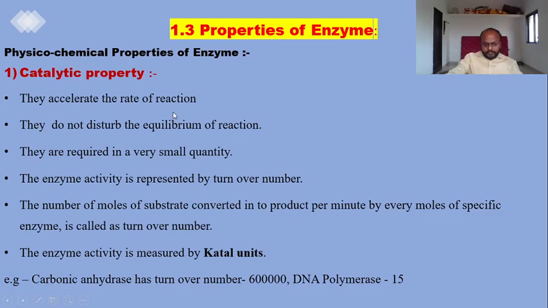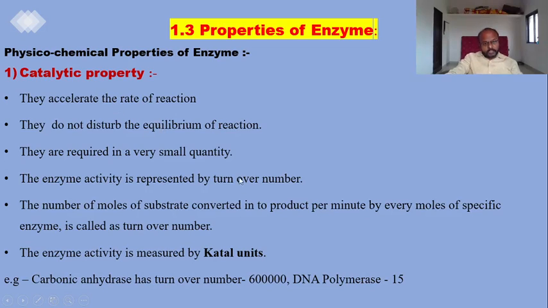The enzyme accelerates the rate of reaction but does not affect the equilibrium of the reaction, and this enzyme is essential in a very small quantity, and this enzyme activity is represented by the turnover number of the enzyme.